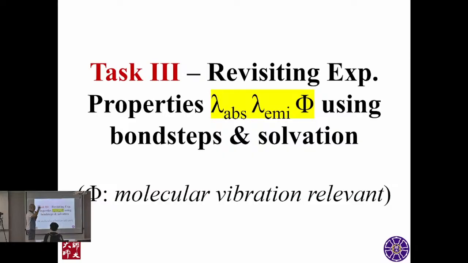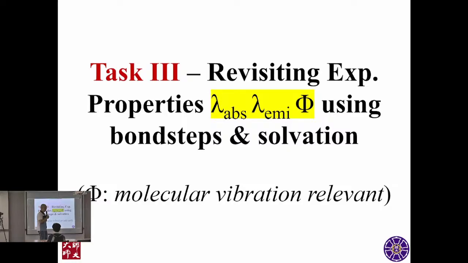The molecule goes from ground state to excited state, and then through relaxation goes back to the ground state. It has multiple channels, and the quantum yield involves molecular vibration because that's how its excited state energy is dissipated into different degrees of freedom. So at least from the domain knowledge, that tells you probably need some information about vibration in the model.